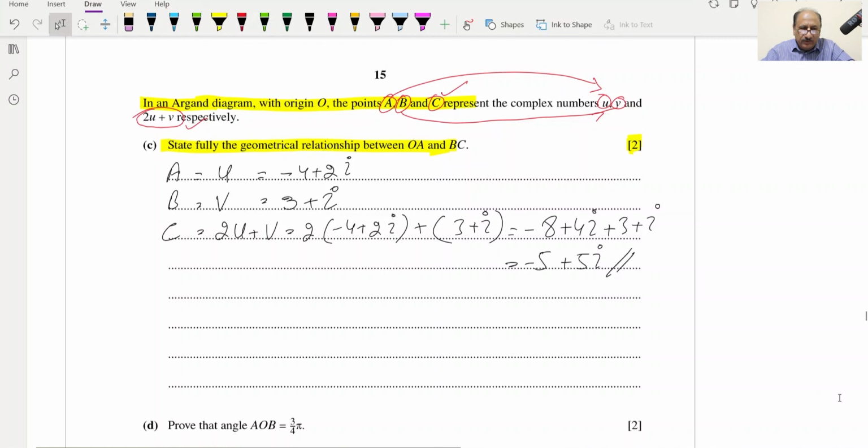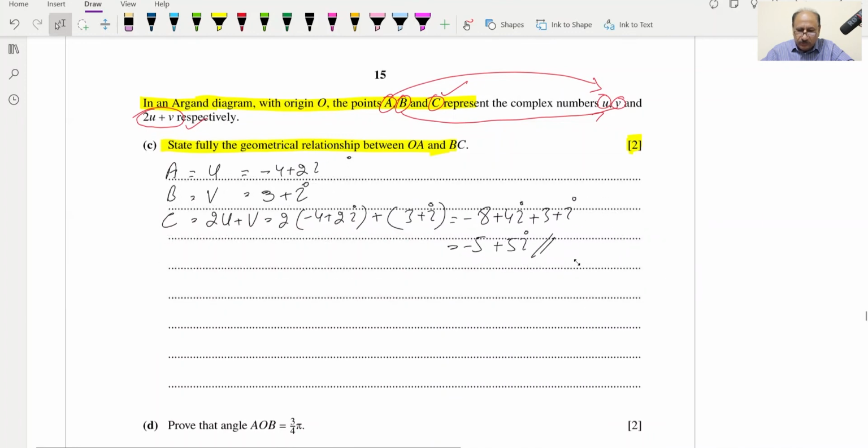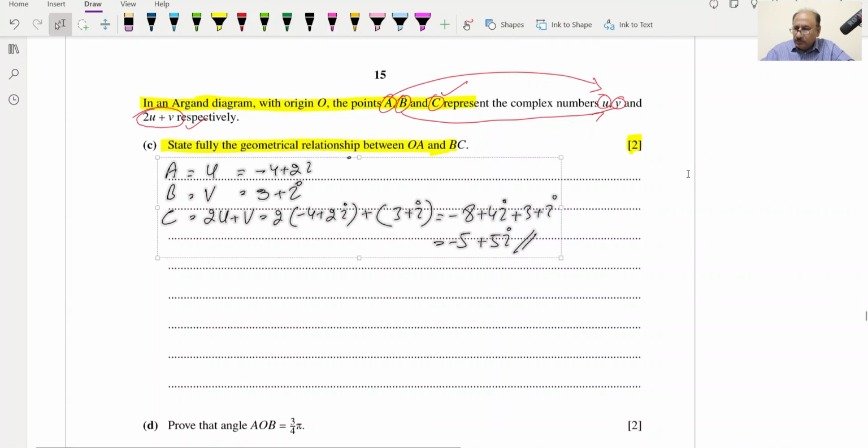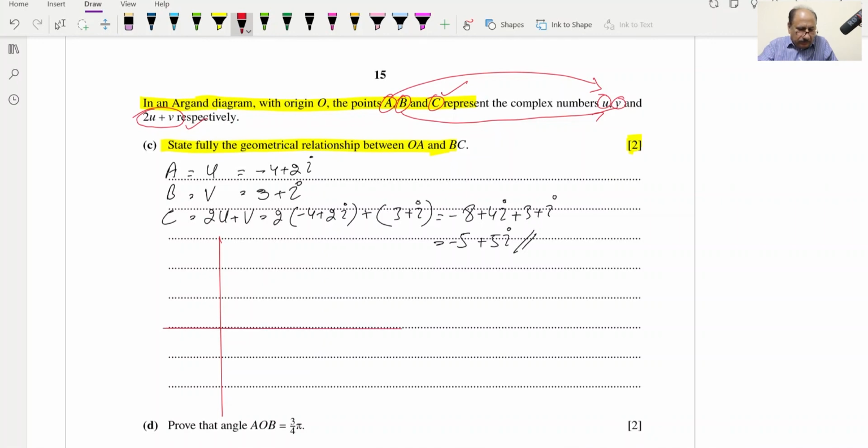So this will be our 2U plus V value. Now after this one, I will shrink it a little, and it should remain a readable size. Okay, now we can draw the diagram. And how will we draw it? We can take the coordinates like this one, and like this one.